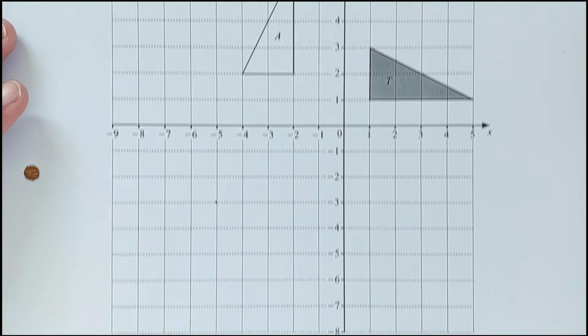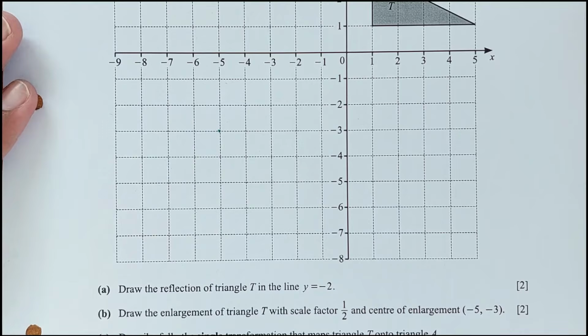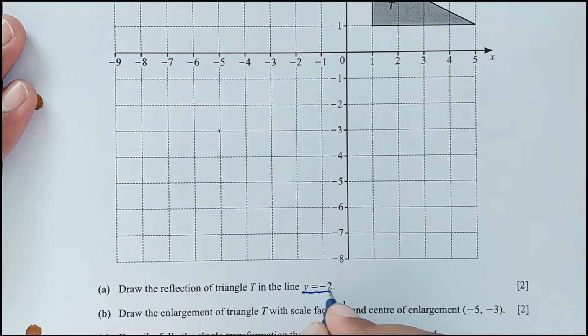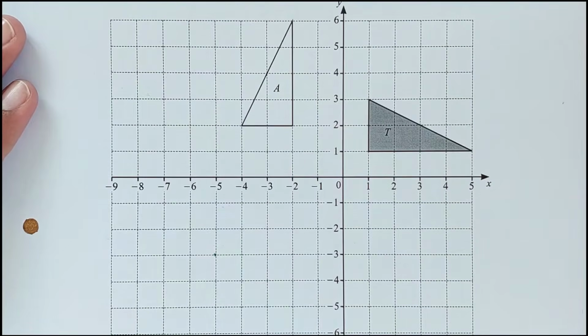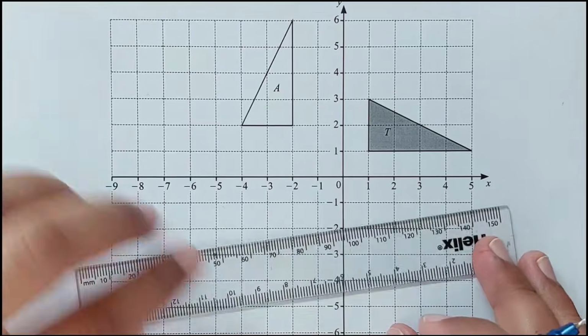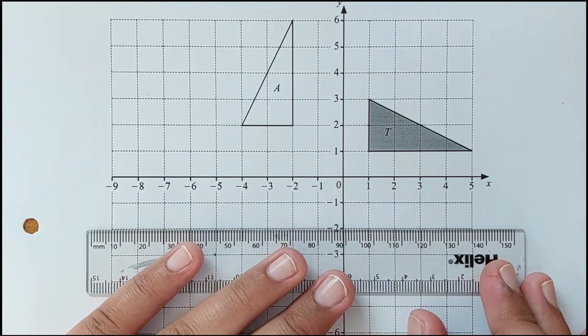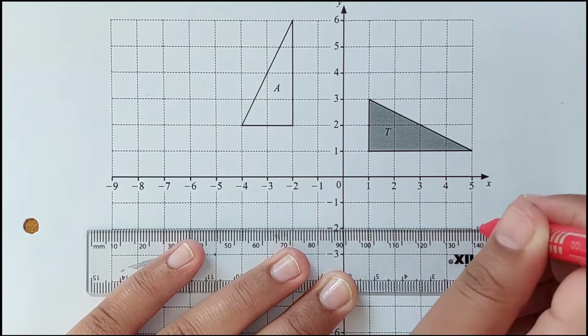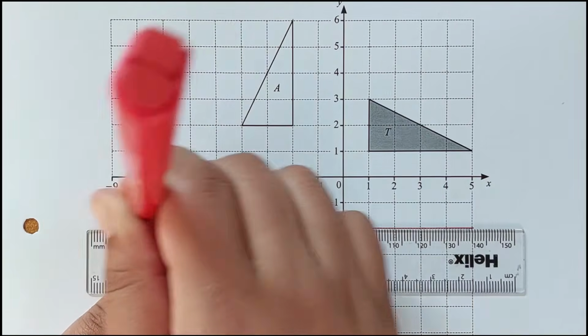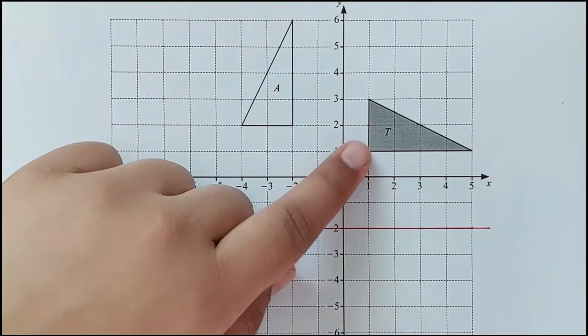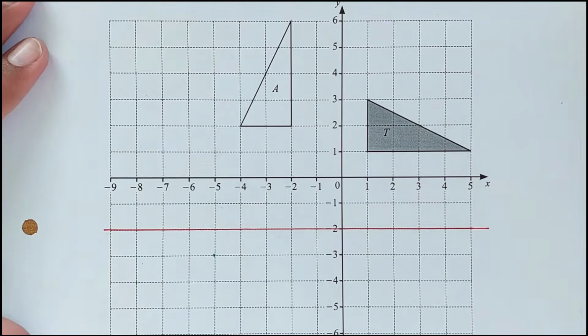Question number 4, part A, draw the reflection of triangle T in the line y equals -2. So first let me draw the line y equals -2. Okay, this is the line y equals -2. We have to find the reflection of this triangle T along that line.